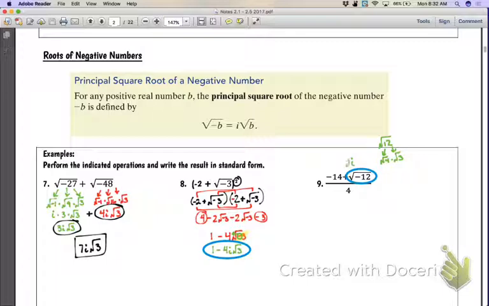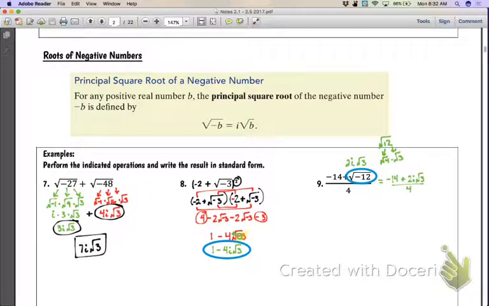So I'm going to have 2I times the square root of 3. So if I have negative 14 plus 2I times the square root of 3 all over 4.